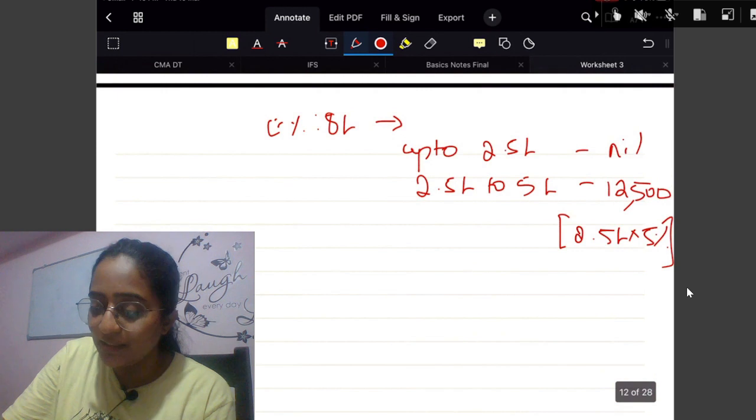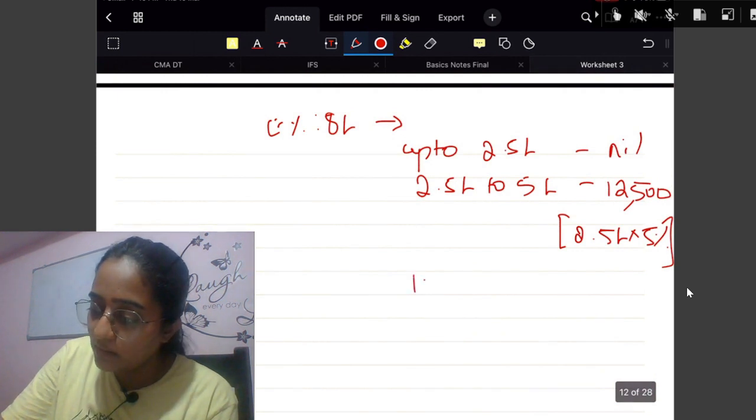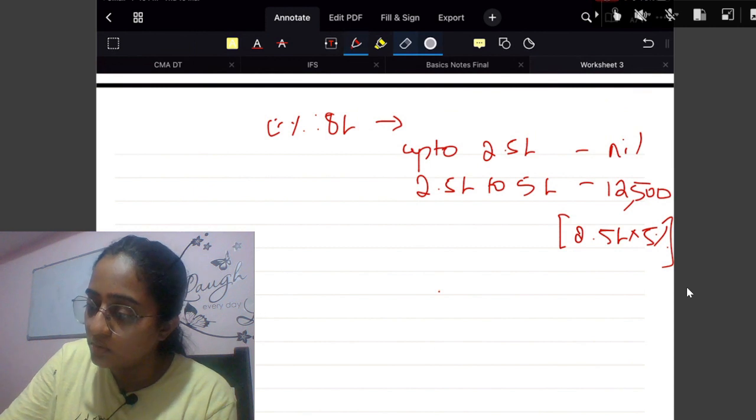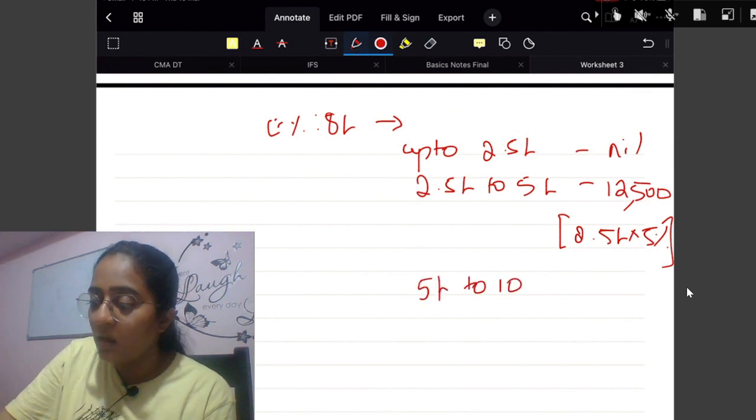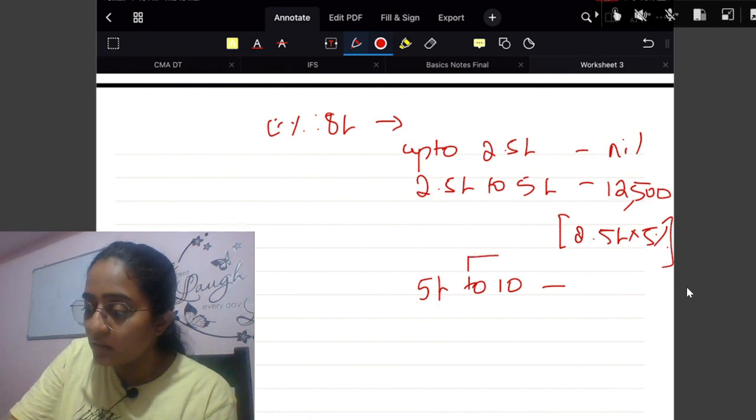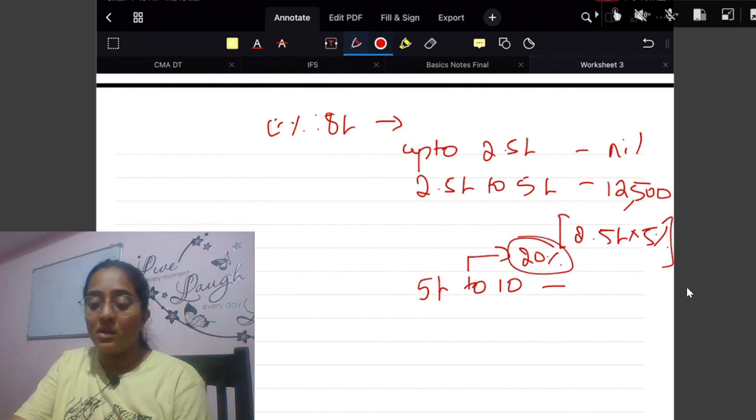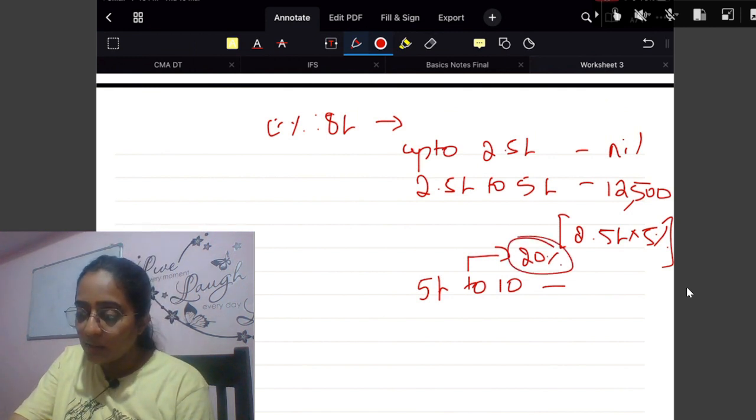So now, the next is from 5 lakh to 10 lakh. The income which is coming under this point is going to be taxed at 20%. How are you calculating this 20%?